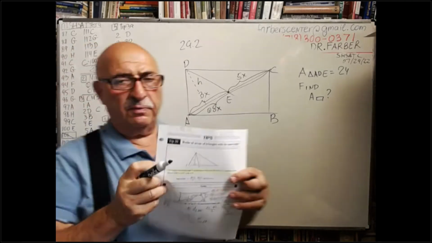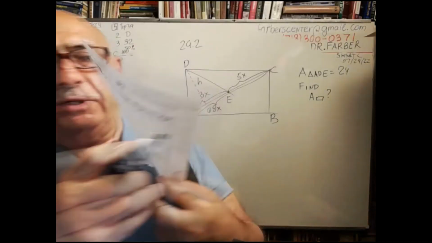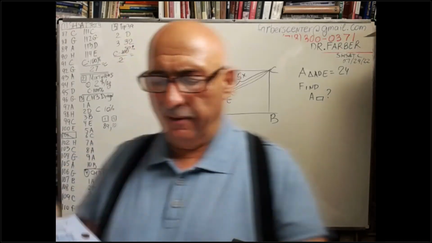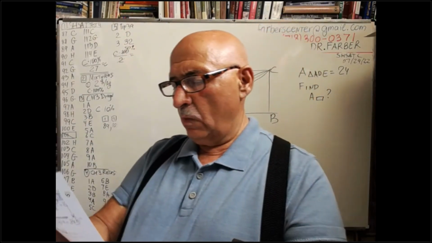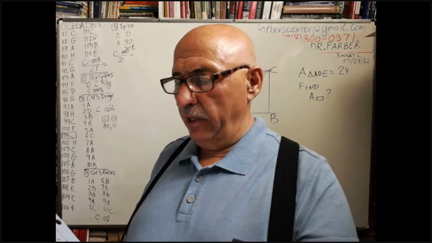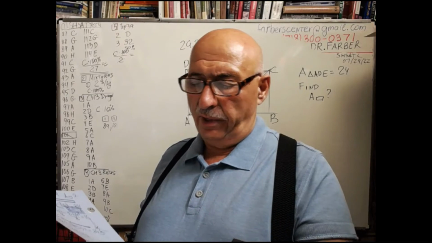Look at this. It's very important, highlight it. This is a key thing for all these questions. It's written here: two triangles with the same height shown above. If the ratio of sides is A to B, then the ratio of areas is also A to B.